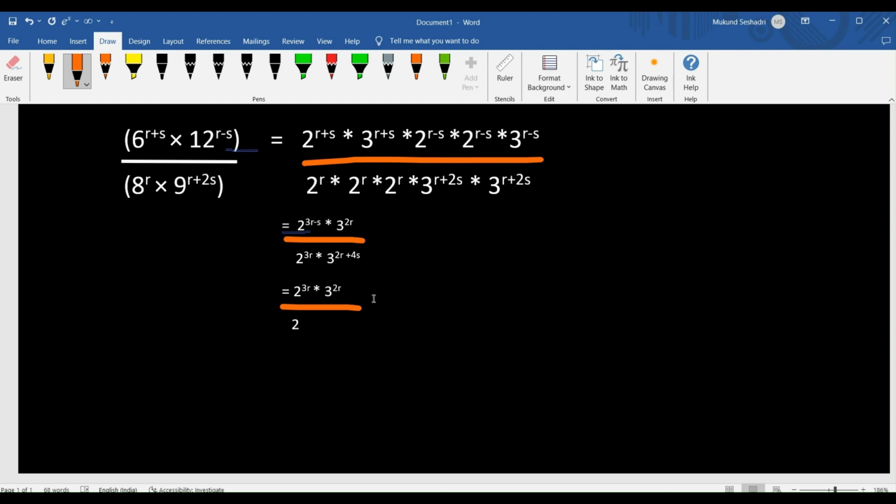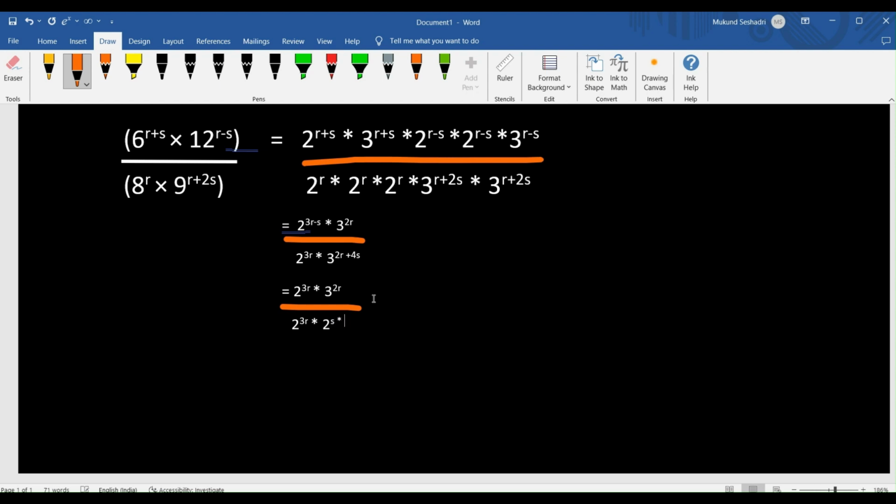And I'm going to write this 2 to the power 3r as it is into the part of the numerator which we'll have to bring to the denominator, right? Because 2 to the power 3r minus s is nothing but 2 to the power 3r divided by 2 to the power s. So let's write that.